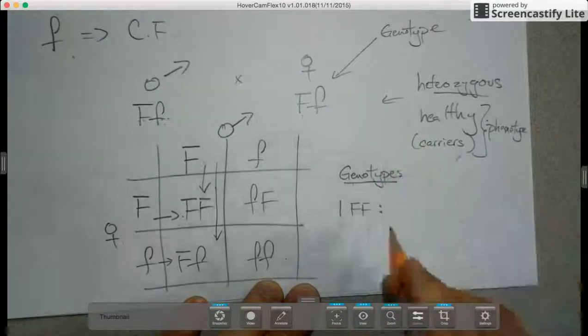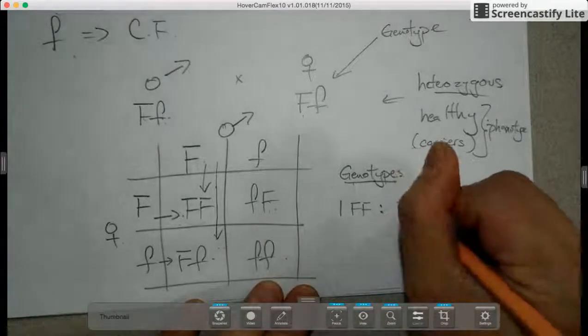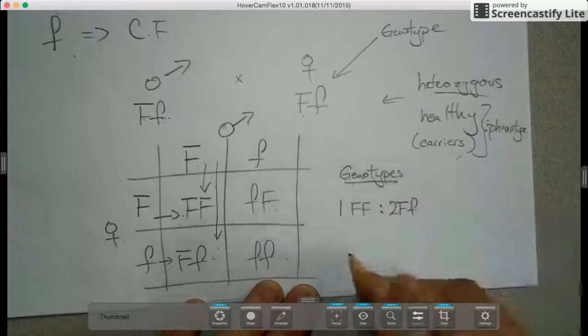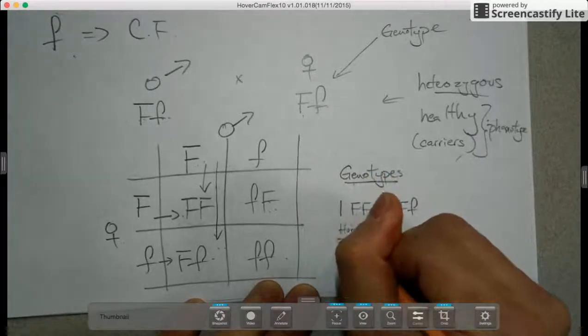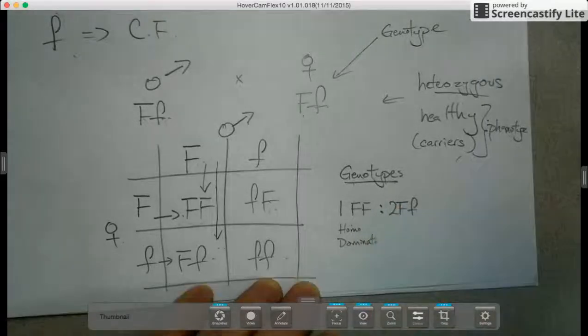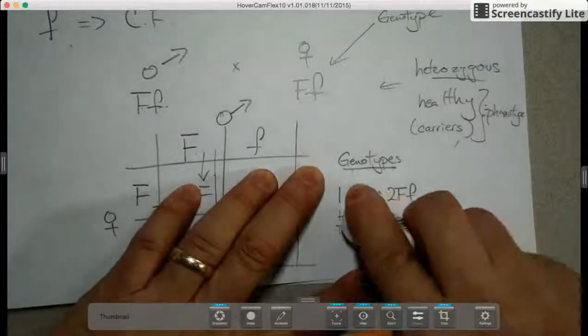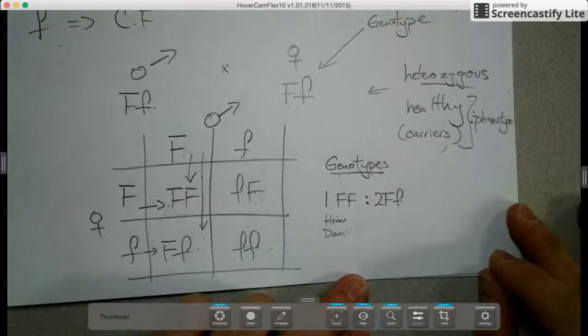Homozygous. You have two potential cases of a big F and a small f. So you have one homozygous dominant. Might not be the most politically correct, but I don't have that much space.